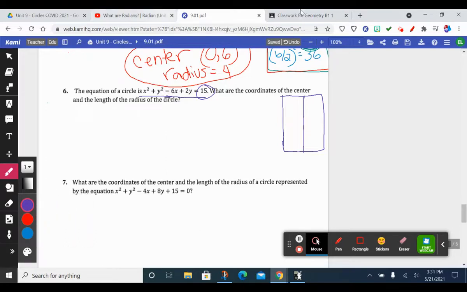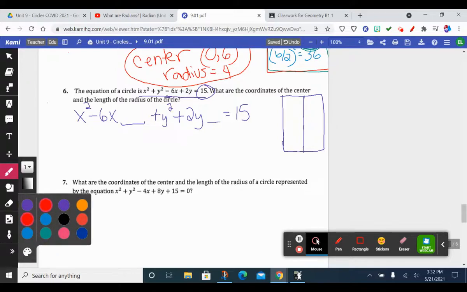So the equation is x squared plus y squared minus 6x plus 2y equals 15. As I rewrite it, I'm going to leave a little space as well. So x squared minus 6x to keep the x terms together, leave some space, plus y squared plus 2y, leave some space, equals 15.